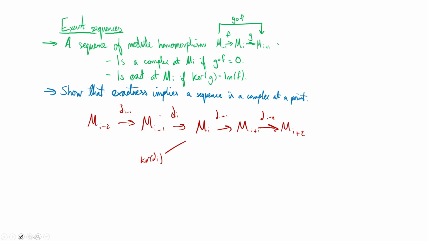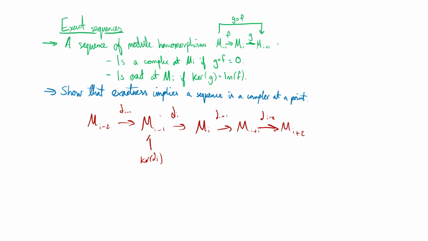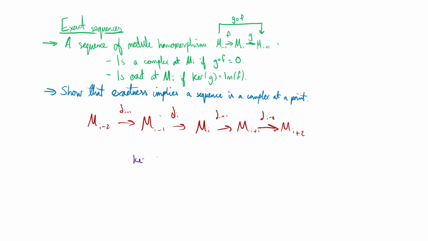Or in fact, I should do this in a different color. So we have the kernel of d i going up. It should actually be like 1 over, but that doesn't matter.